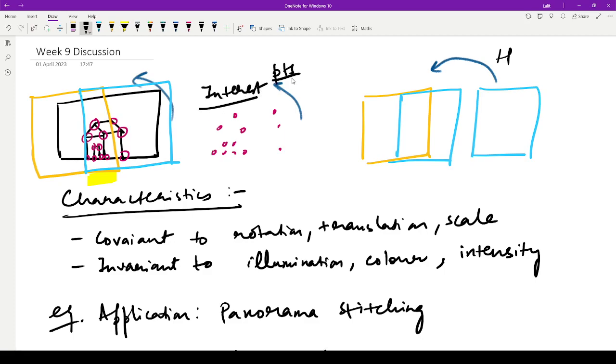The idea that I want to give you is that just detecting those points won't help because they're just a bunch of numbers, x, y pixel locations on the two images. If you want to match them, you have to have some idea of how to represent that specific point.